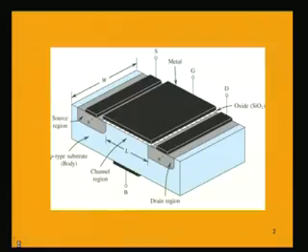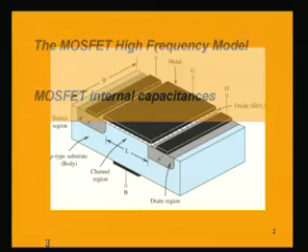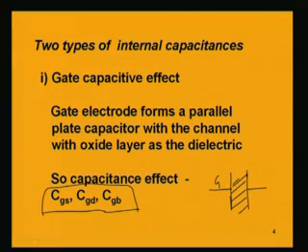So, we will have to consider these internal capacitances of the MOSFET device if we want to exactly draw the small signal model. This will be very important in order to know the response in the high frequency region, because in the high frequency region these internal capacitances will be dominating.